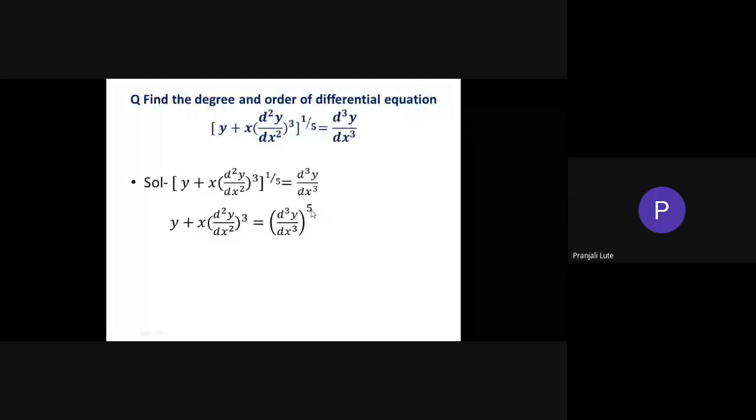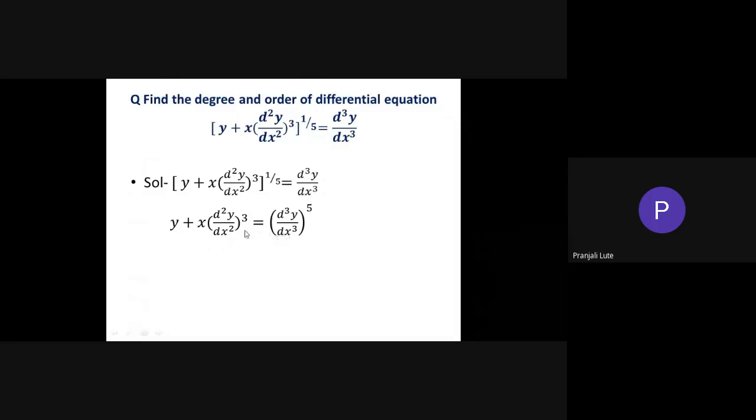We have to shift this 1 by 2 power to the right hand side, so that will be the reciprocal. So d cube y by dx cube to the power 5. Again, this equation is free from radical, so it is possible to find out the order and degree of that differential equation.